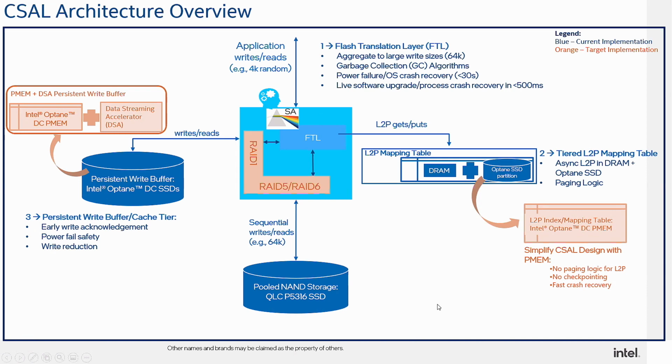You said you were planning on connecting which product or technology with CSAL 2.0? So what we are going to change is, today our persistent write buffer and cache is Optane SSDs. And what we are going to do in future is migrate this write buffer cache to persistent memory.